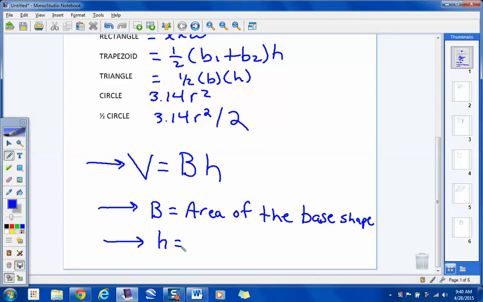Hear me out on this. What shape would be the base on this then? Triangle. Okay? Watch what I put for height in any of these volume formulas. Height is the distance between bases.